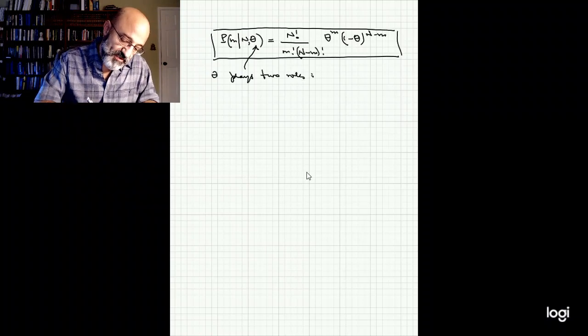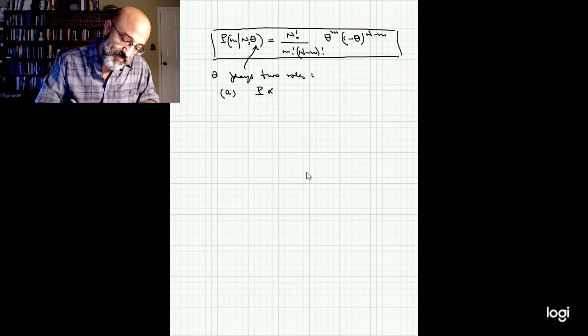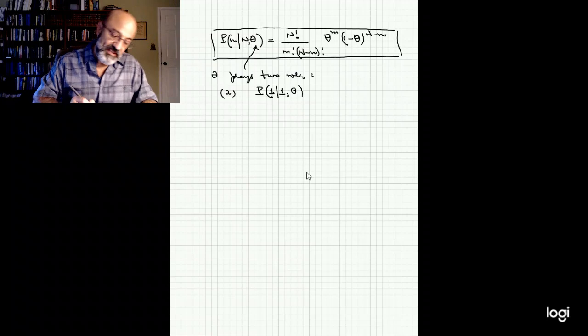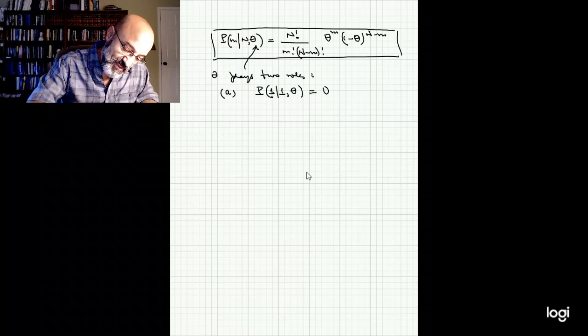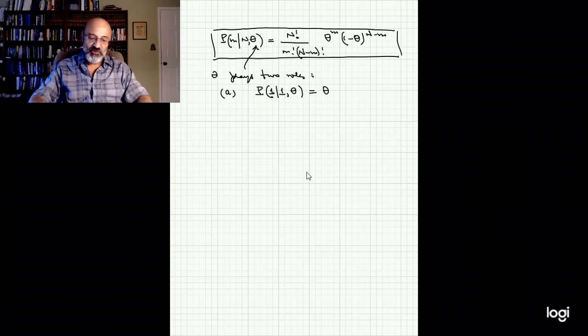One of these roles is the fact that the probability of getting one outcome alpha, when you do just one trial and the parameter theta takes that value, is theta itself. So one of the interpretations of theta is that it's the probability of alpha in one trial.